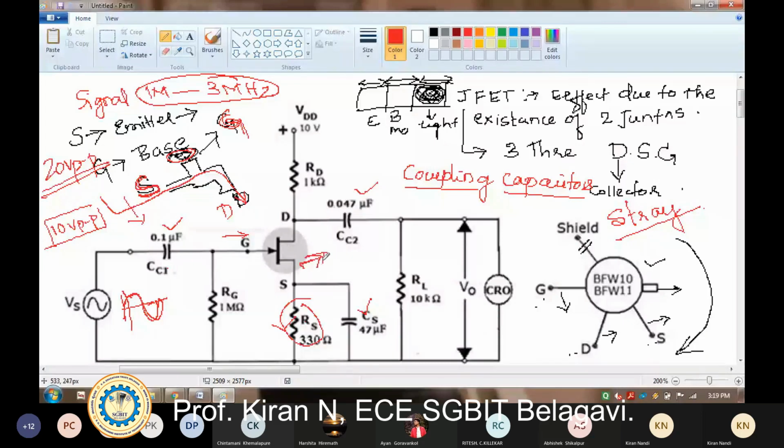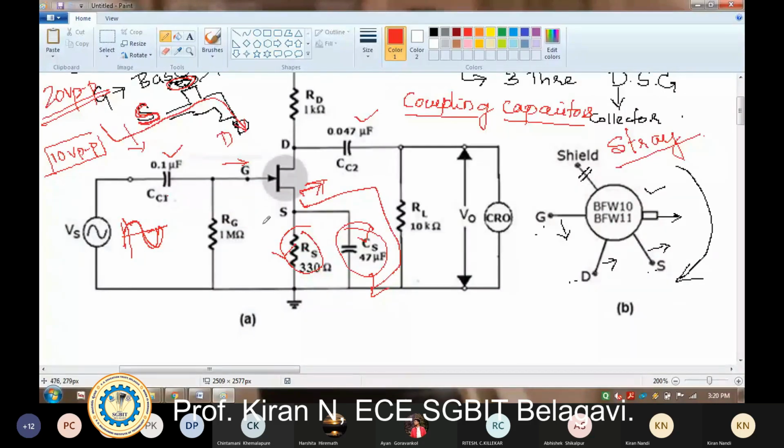So how is it going to protect? If there is any excess signal or excess input voltage flowing across this gate, across this JFET, it will be bypassed to the ground through this capacitor CS. We can see I have connected it here to the ground terminal.